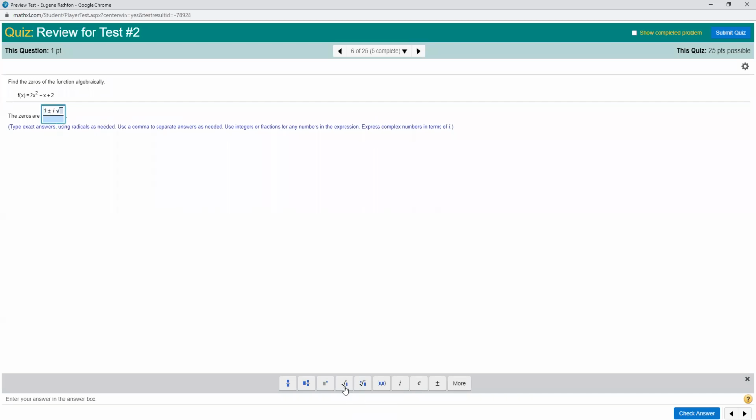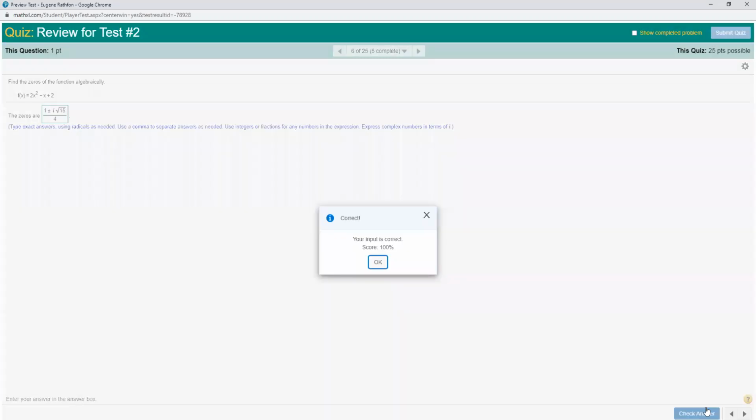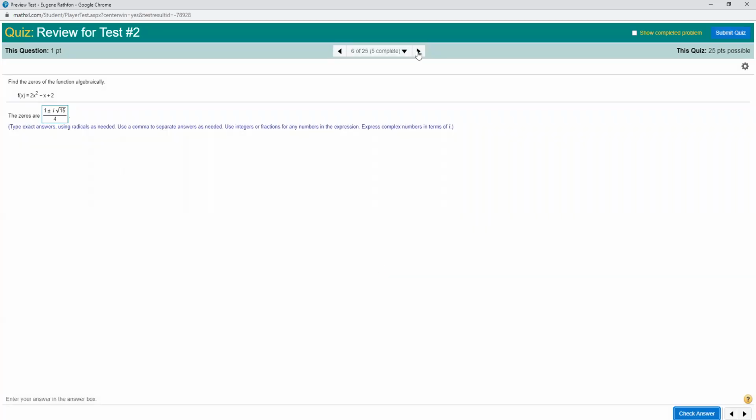And under the square root, I'm going to put my 15. Now, click to the bottom and put a 4. Okay? So this thing is really picky about... Oh, hold on. I'm sorry. I didn't mean to check that. I wanted to go to the next question.